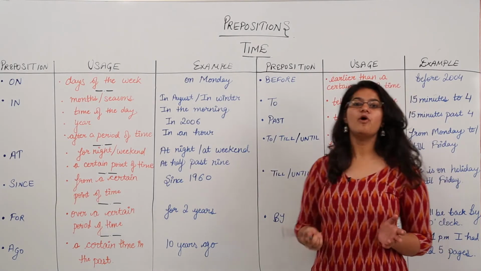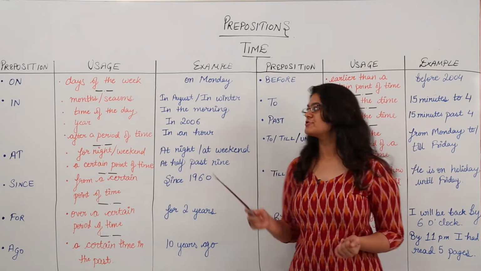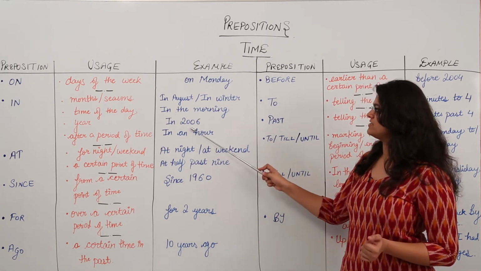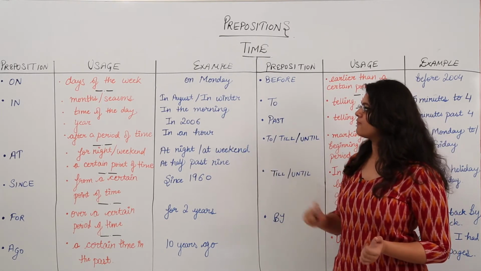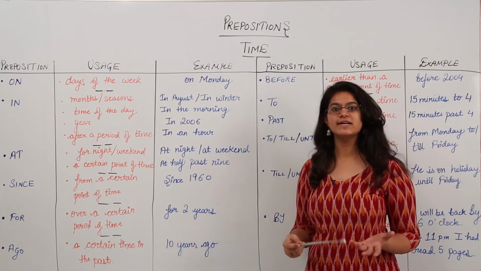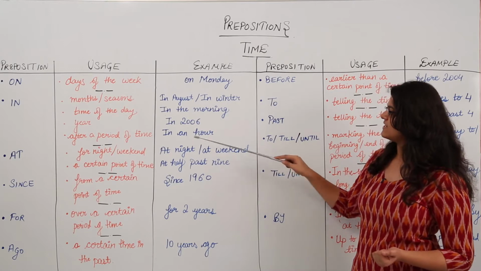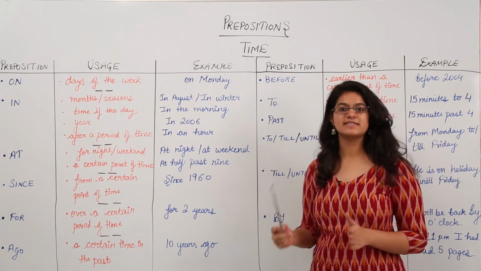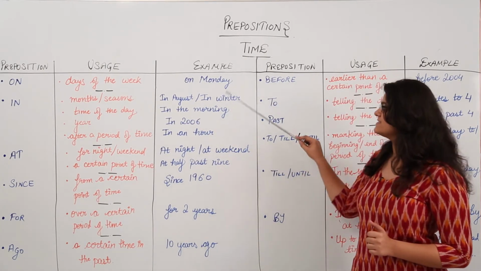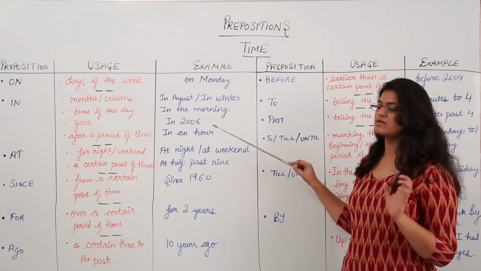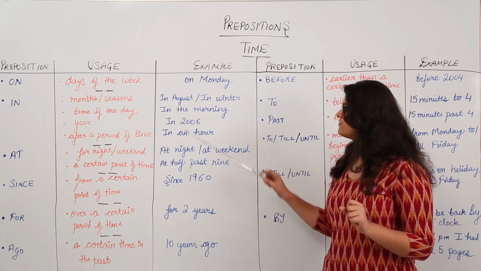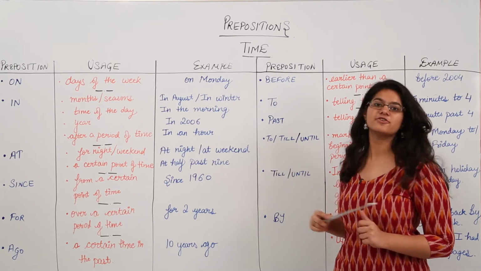Next, in the morning I had my breakfast. So here in. In 2006 I was admitted into the university. So in again. And next, in an hour I will be sitting to study. So these are sentences where we are giving a time and we are using in for the object of the prepositions.